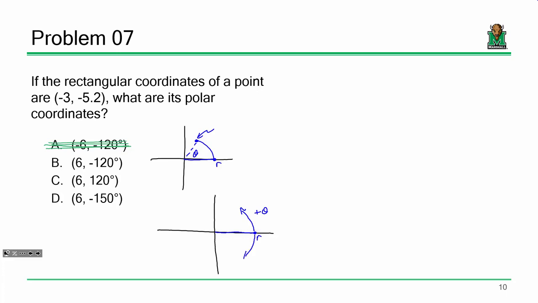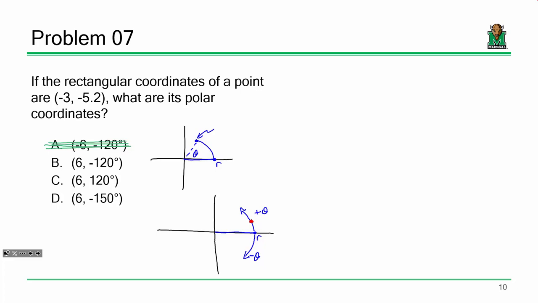Going down this way would be a negative theta, right? So if our coordinates were like 5 and positive 30 degrees, we would go out 5, rotate 30 degrees, and that would put us somewhere like right here. Fair statement?